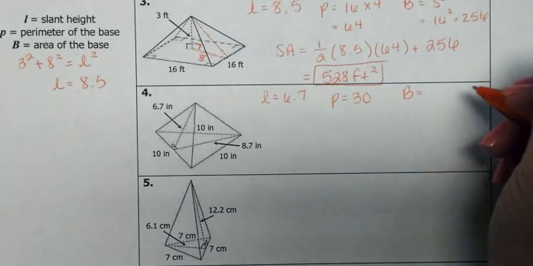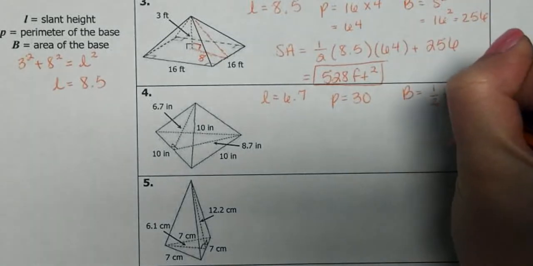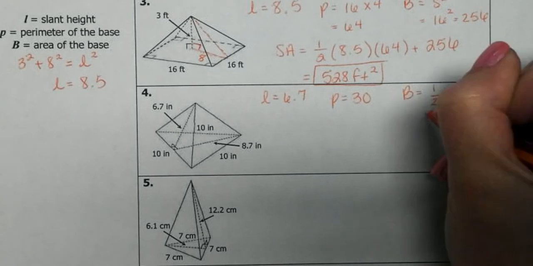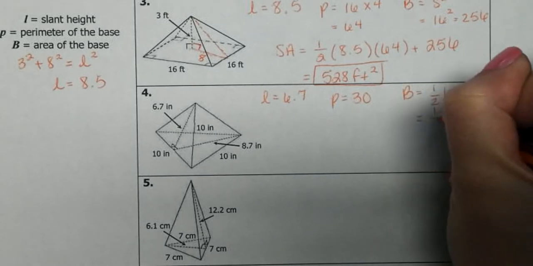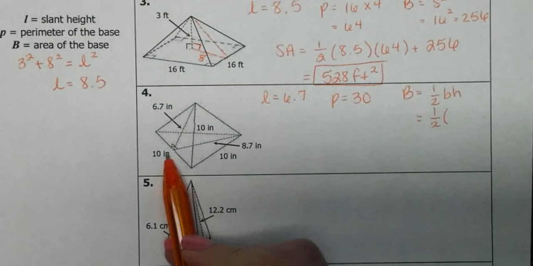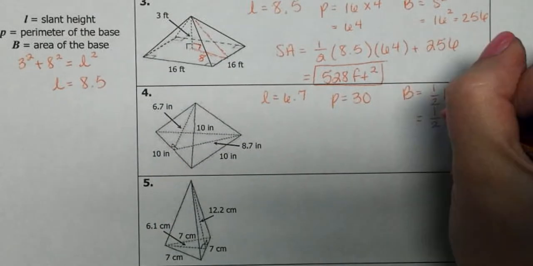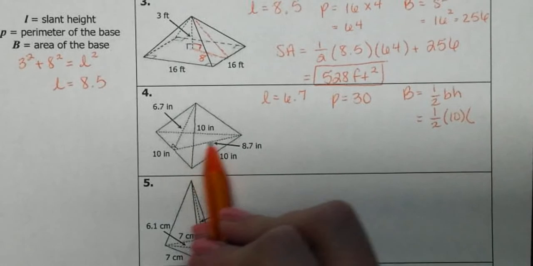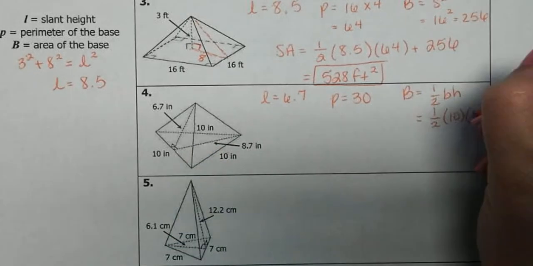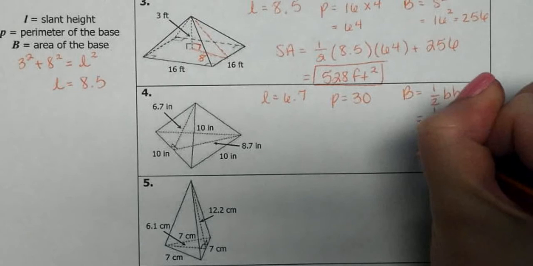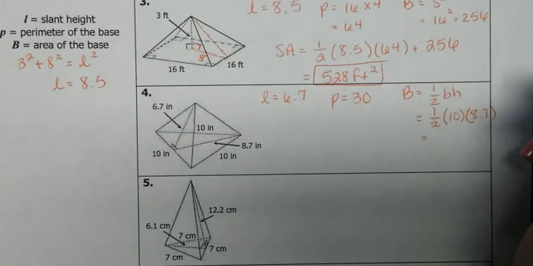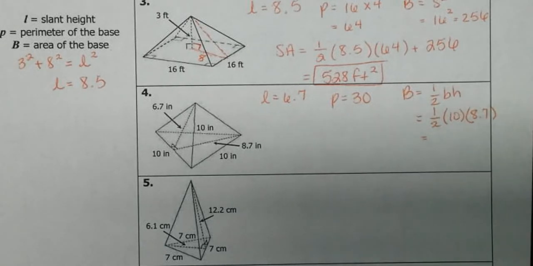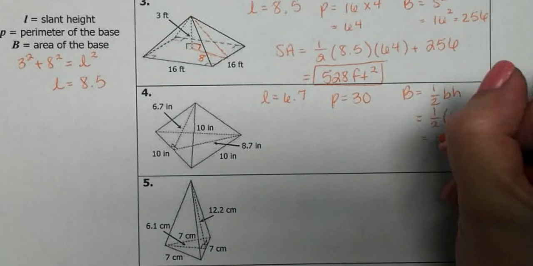And my area of my base is 1/2 base times height, this time because it is a triangle. So 1/2 of my base of my triangle is 10. And my height of my triangle is drawn in for me right here, it's 8.7. So if I calculate that area of the base, I'm going to have 0.5 times 10 times 8.7 is 43.5.